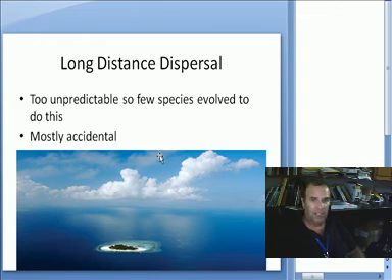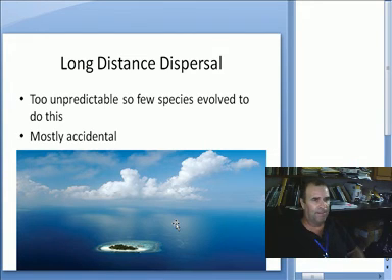On the other hand, the passively dispersed organisms tend to saturate the ocean, so there is always some larvae of coral reef species drifting around in the ocean. It's like a big soup of all these different plankton stage of these different coral reef species.